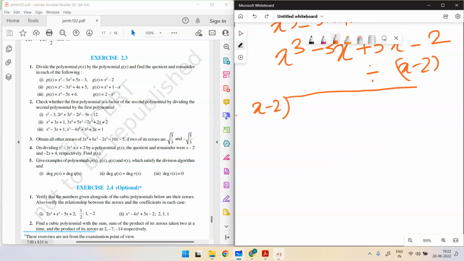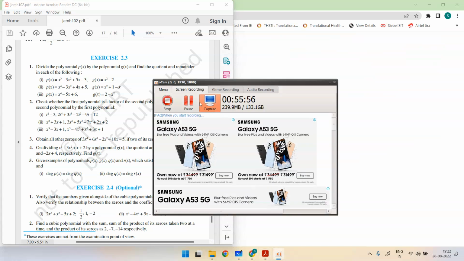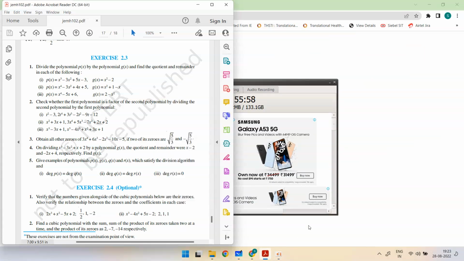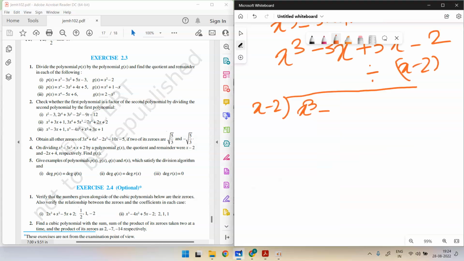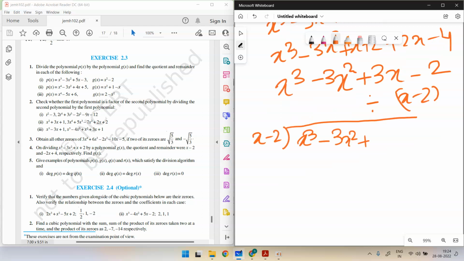It will be x cube minus 3x square plus 3x minus 2.